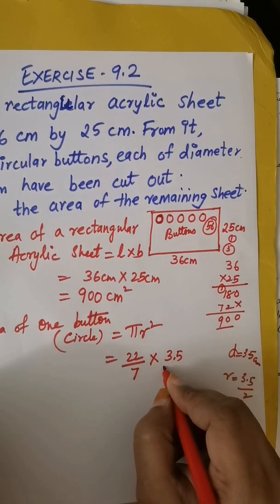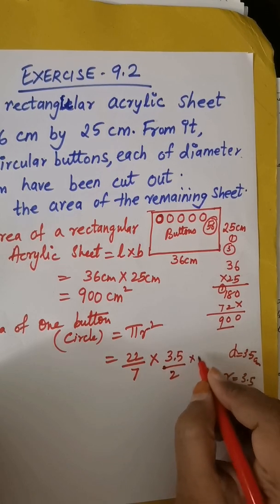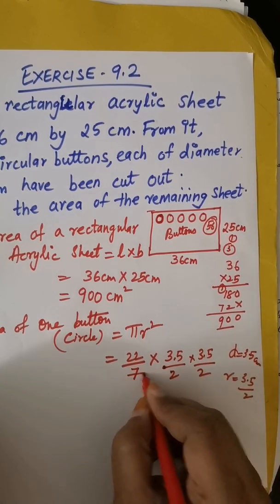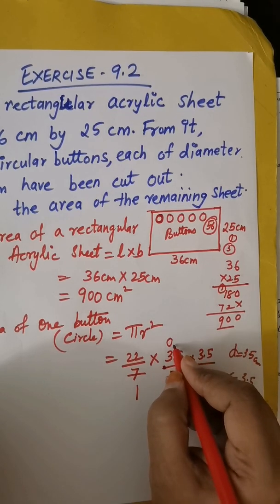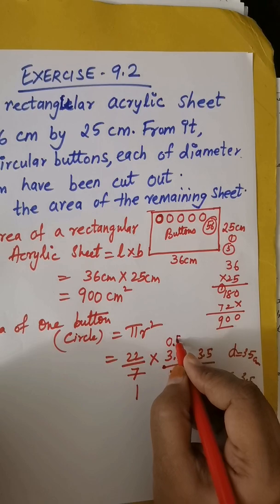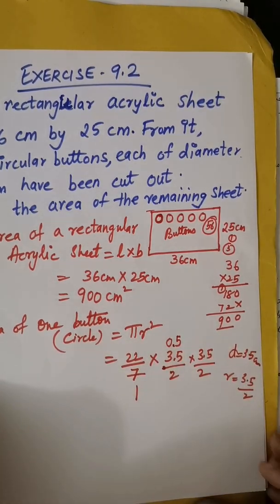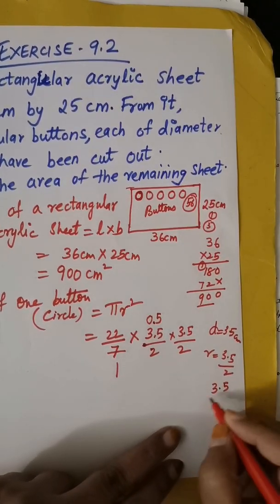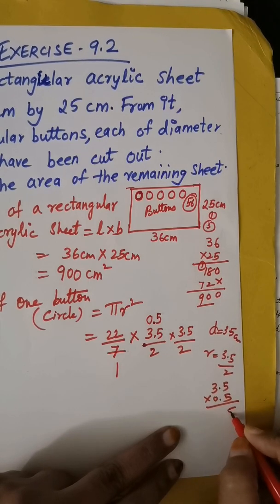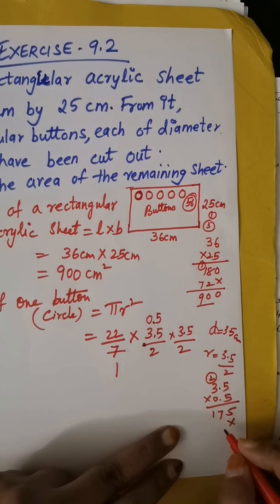So r will be 3.5 by 2. So 3.5 by 2 into 3.5 by 2. 7 ones are 7, 7 zeros are 3. Then if you consider 35, 7 5s are 35. Now multiply 3.5 into 0.5. 5 5s are 25. 5 3s are 15, 17. Cross mark. 0 5s are 0, 0 3s are 0.